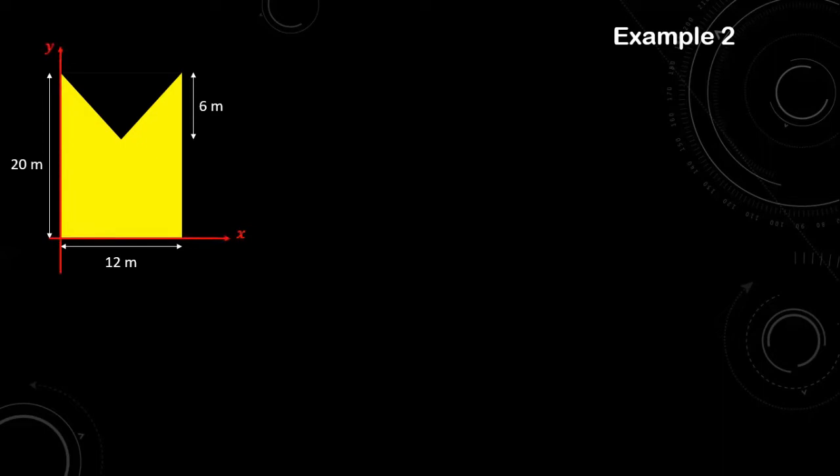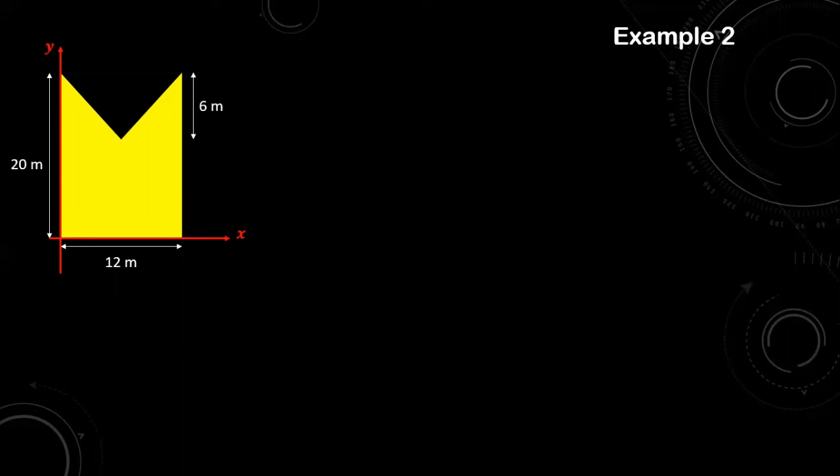This yellow object is not a rectangle, it's not a triangle, but this object consists of a rectangle and an empty triangle. That's right, everyone?